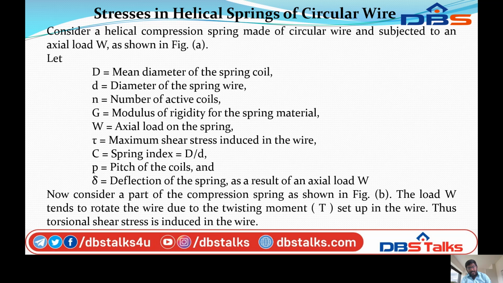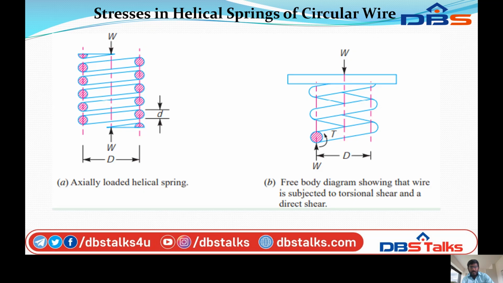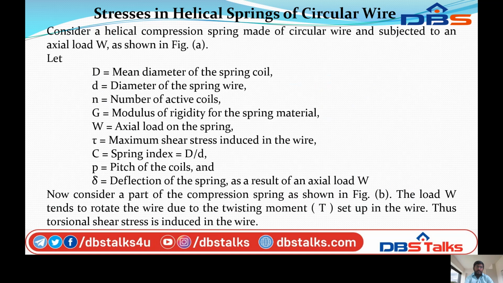Let capital D be the mean diameter of the spring, small d the diameter of the spring wire. N is the number of active coils. G is the modulus of rigidity for the spring material.